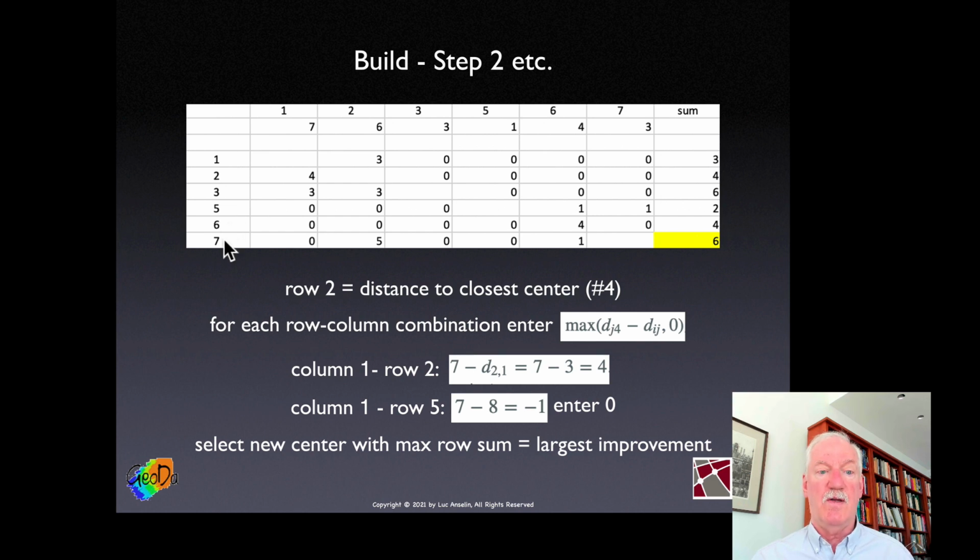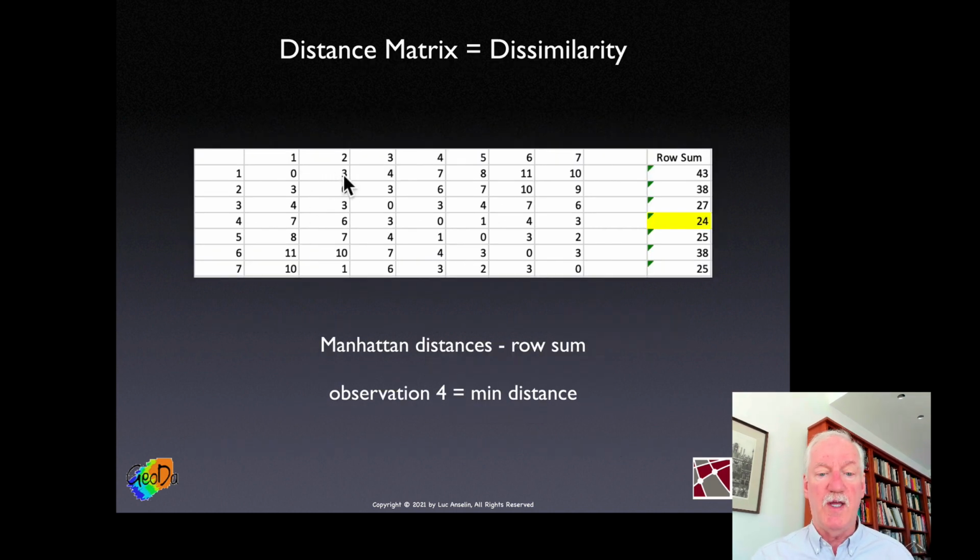the next center. So would there be an improvement in the sense, is point 1 closer to the new candidate point than it is to point 4? So the distance from point 1 to point 4 is 7. The distance from point 1 to point 2 is 3.